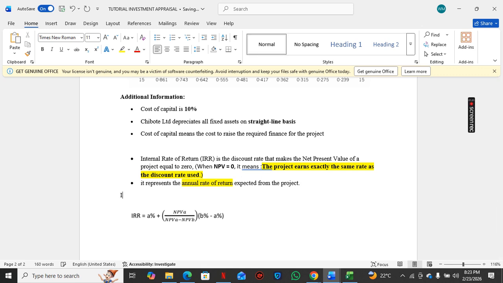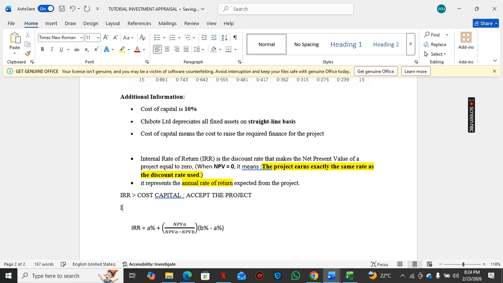If your internal rate of return is greater than your cost of capital, meaning the return of your project is greater than what it cost you to finance the project, accept the project.